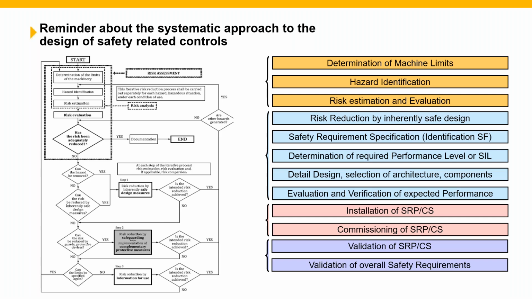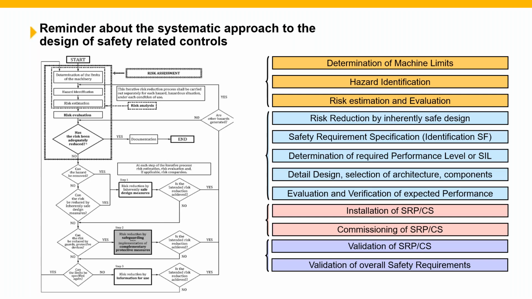So you'll come down, you'll identify your safety functions in your safety requirement specification. You determine the performance level, or SIL, but we'll generally be talking performance level today, for the safety function. Then you'll go through your design, selection of architectures and components, and then you'll look at the evaluation and verification of the expected performance.